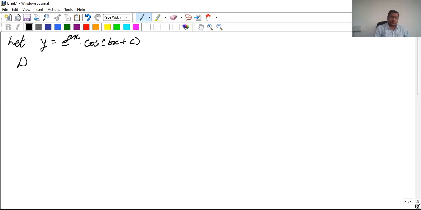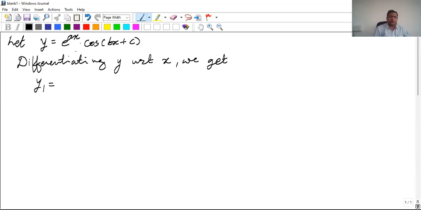So what we do is differentiate. Differentiating y with respect to x, we get the first derivative.